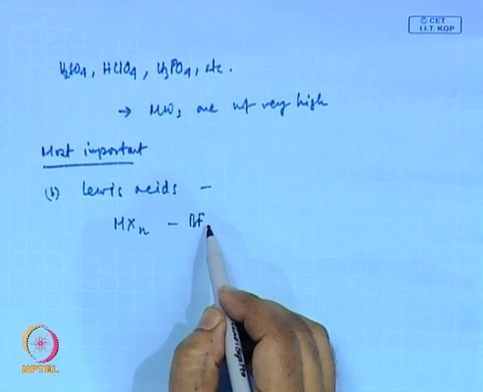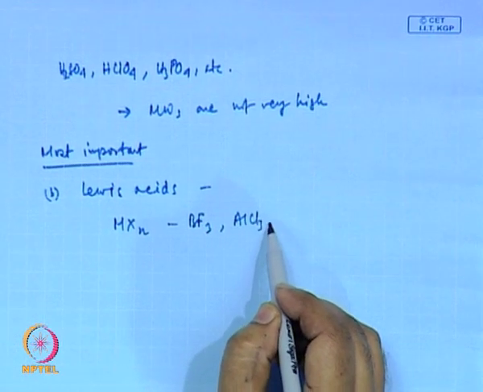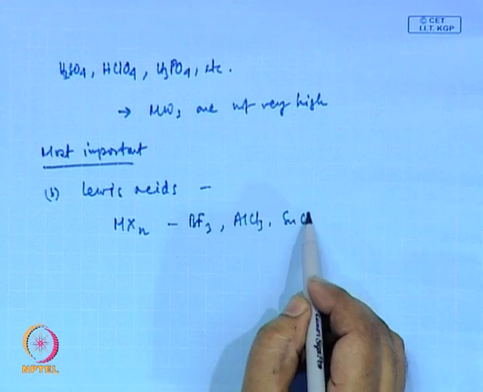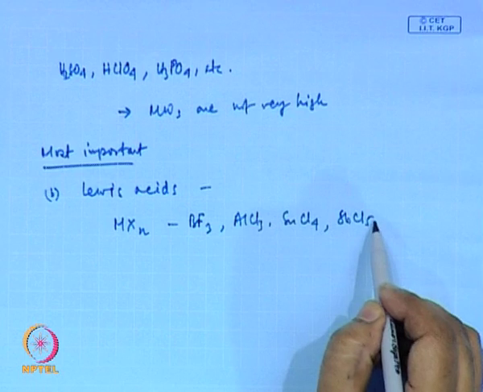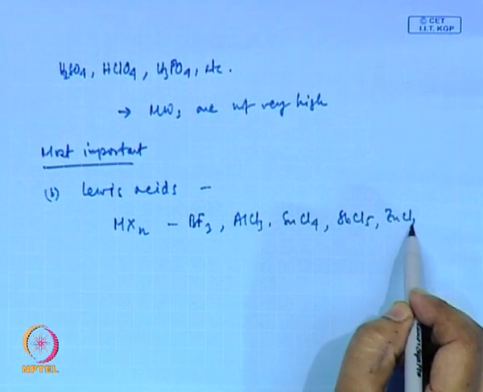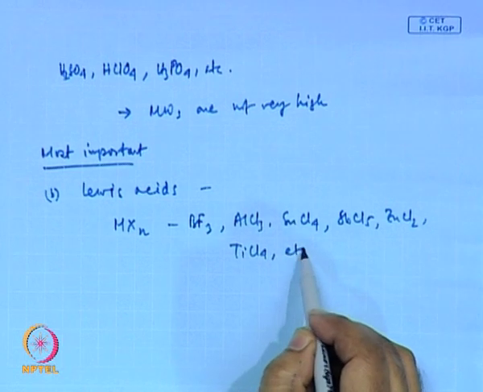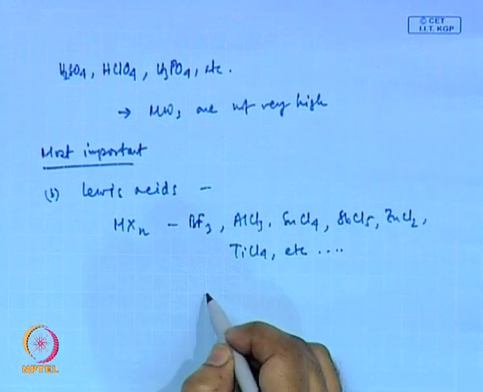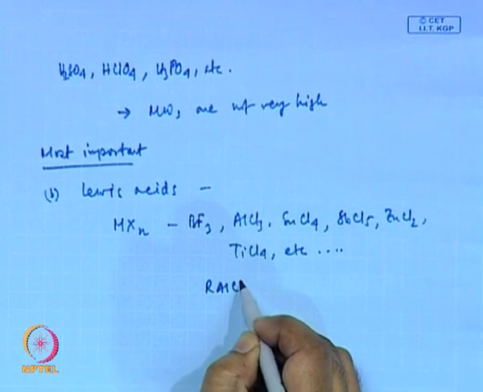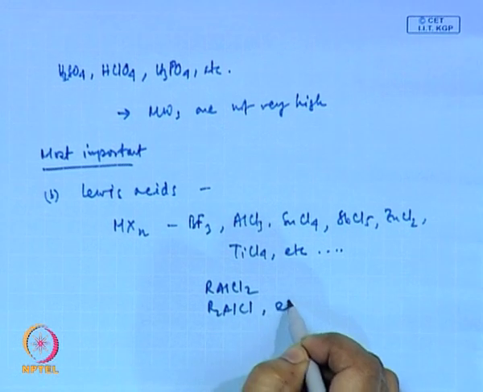Examples could be BF3, AlCl3, SnCl4, SbCl5, ZnCl2, TiCl4 and so on, or their organometallic derivatives like RAlCl2 or R2AlCl and so on.